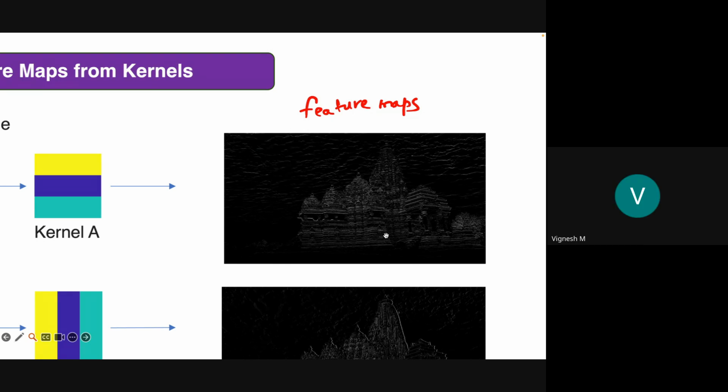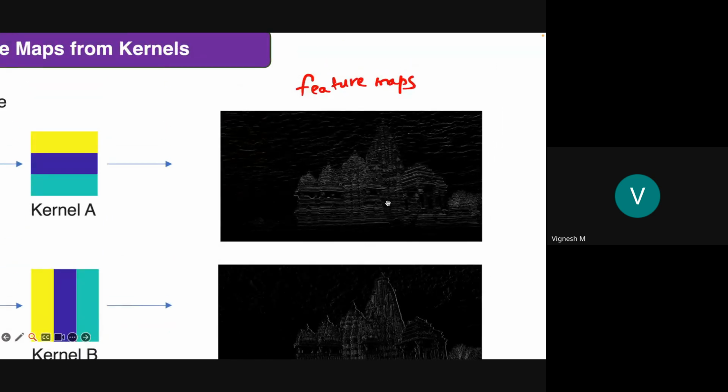In some sense, this itself is a feature. It is telling you specifically that these are the places where there are horizontal lines in the image. So this itself gives you the features corresponding to a horizontal line, and the same thing for here.